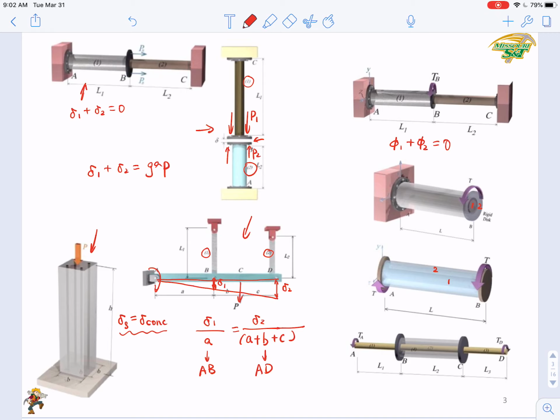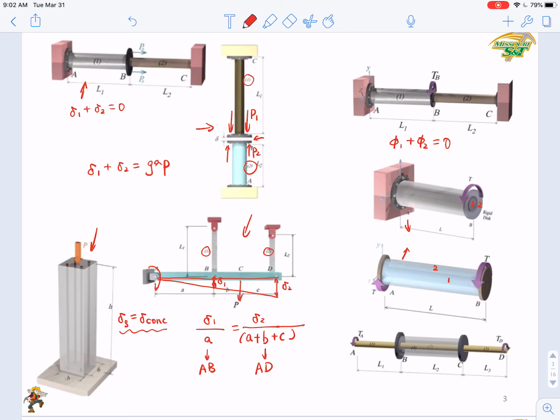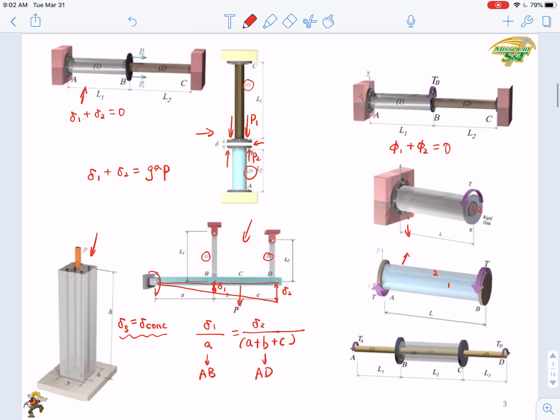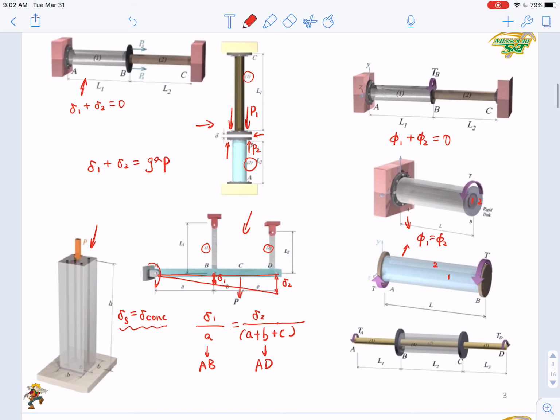The core and the skin are perfectly bonded to each other, so no interfacial sliding or relative rotation is allowed. That is to say, in both of these 2 cases, the equation can be written as phi 1 equals phi 2. This case has been tested, and the third case has also been tested in our exam number 2, right?